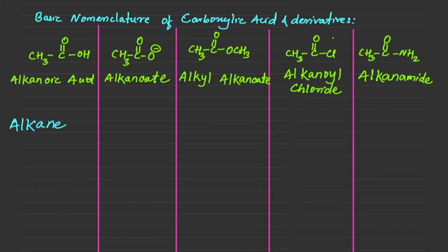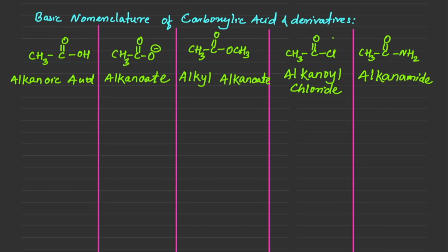So let's start with the first one. The first thing that you want to do is identify the longest parent chain that contains the functional group. In this case, our functional group is carboxylic acid. Then you want to find the longest chain that contains that functional group.